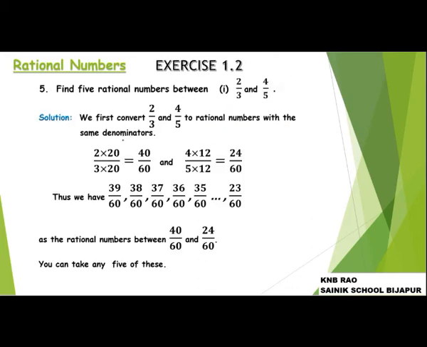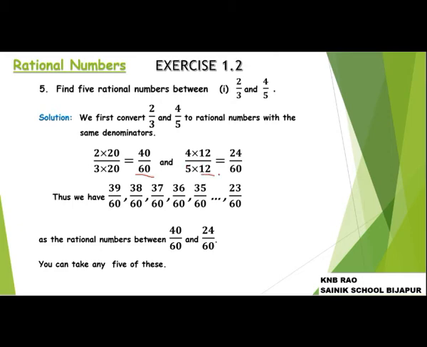Here I have chosen 2 by 3, writing with the denominator 60. With the same procedure which I explained, 3 in 60 for 20 times. So 20 multiplied to both the numerator and denominator gives 40 by 60. Similarly 4 by 5, writing with the denominator 60. 5 in 60 for 12 times.